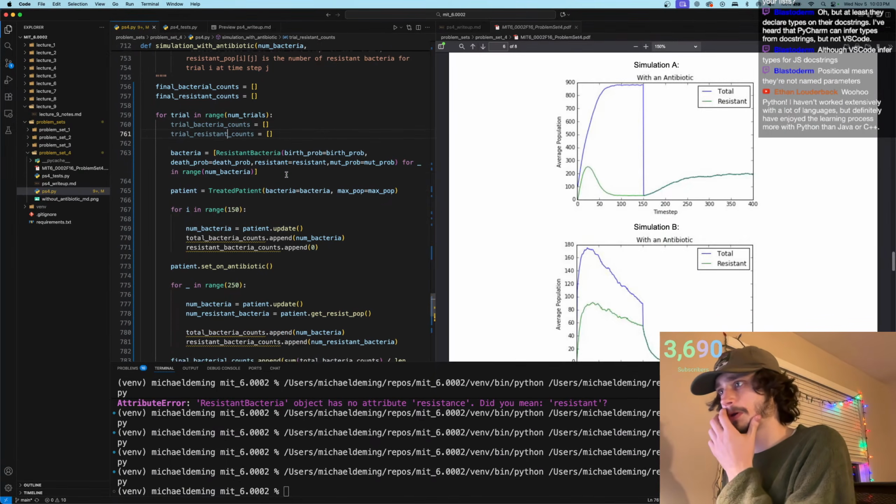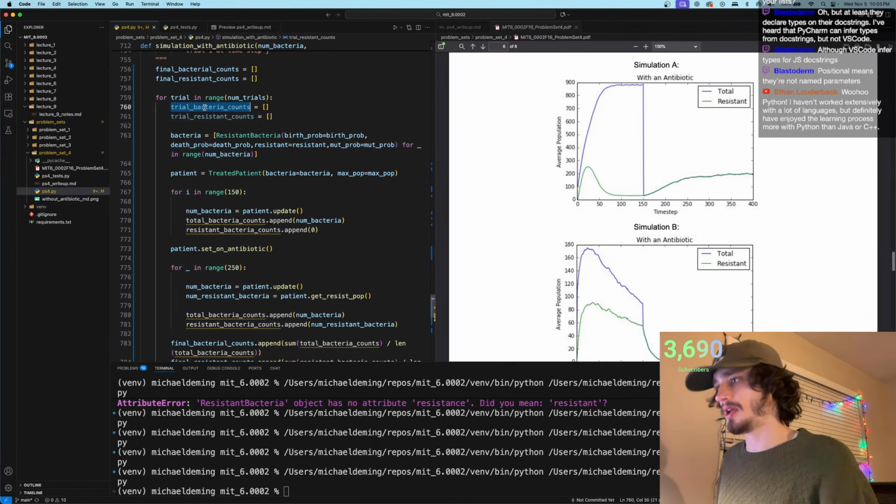We're then going to append the number of bacteria and the number of resistant bacteria.